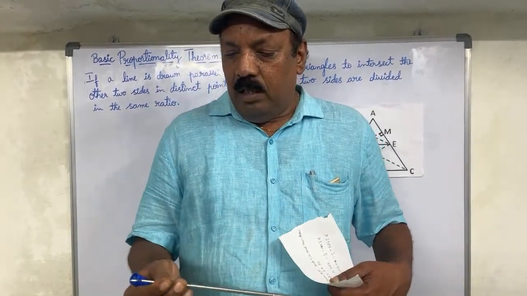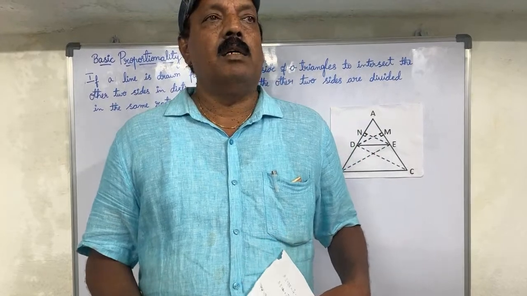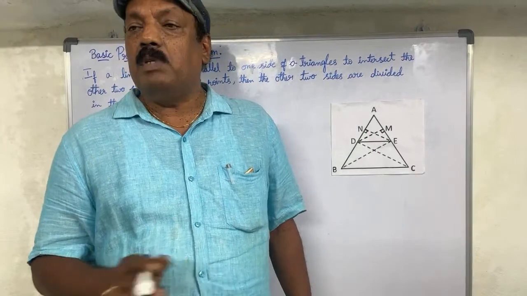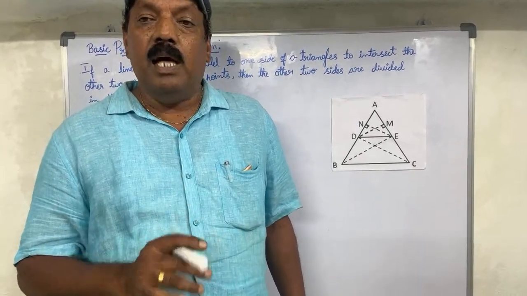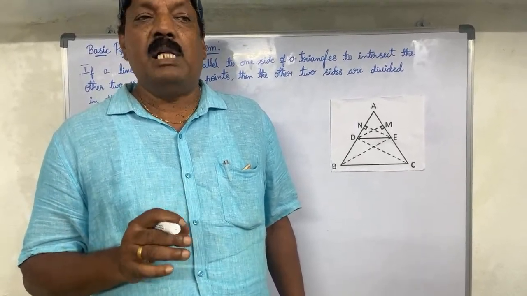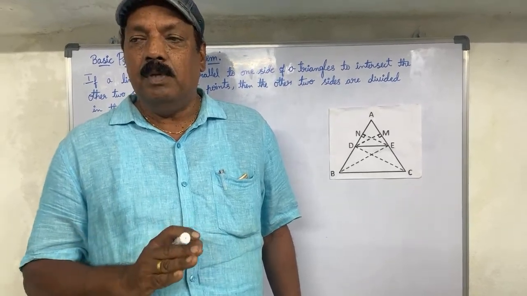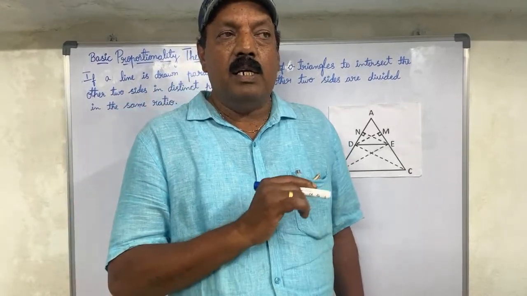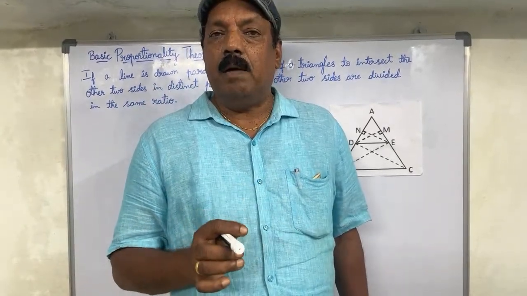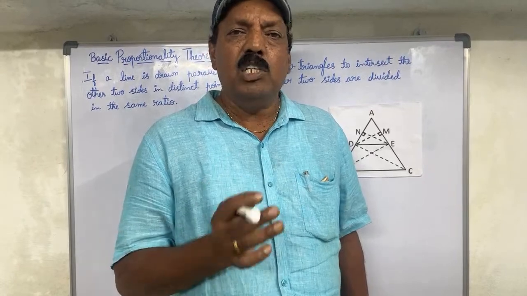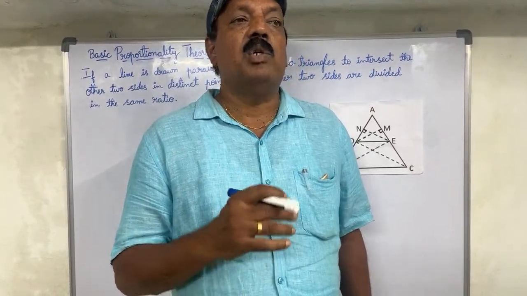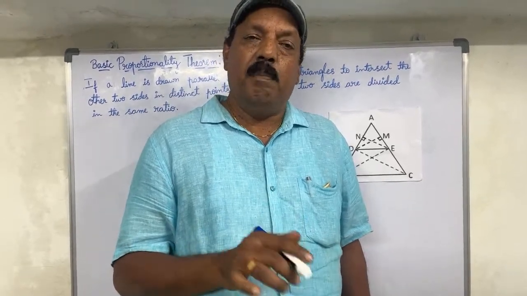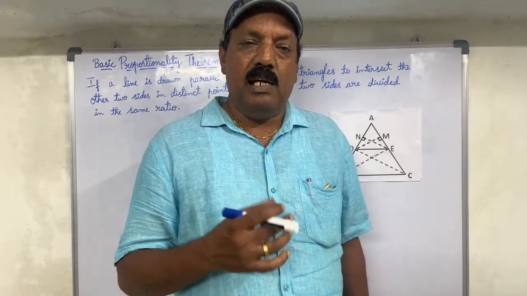Actually, the 8.1, 8.2, 8.3 and 8.4 exercise sums depend upon the basic proportionality theorem, also called Thales theorem, because the scientist Thales is responsible for it. The second one is the converse of the BPT theorem, and for these two theorems the explanation and derivation are also important.